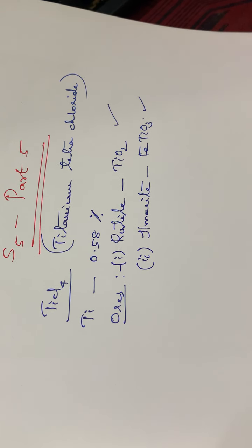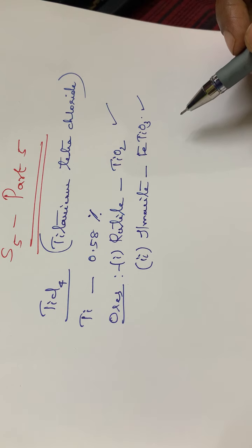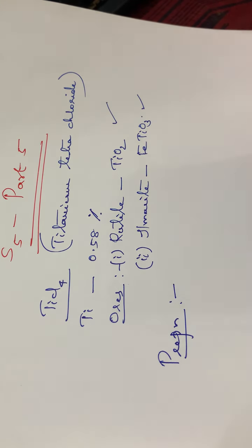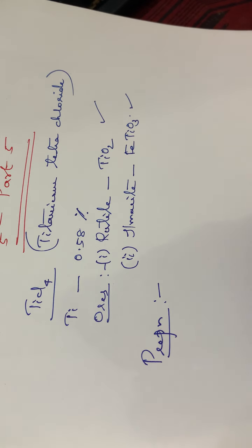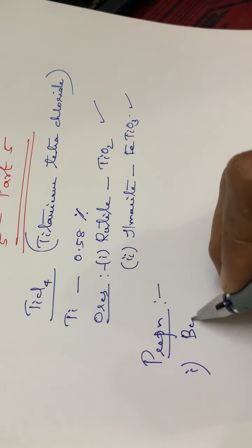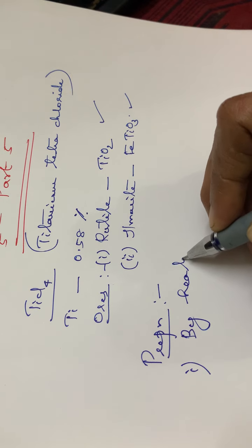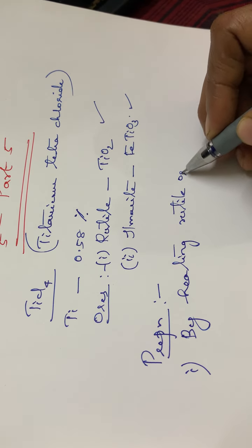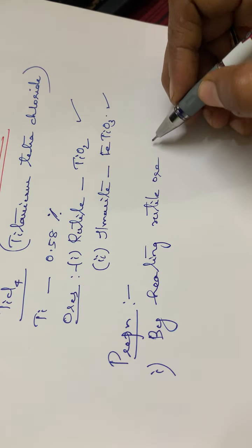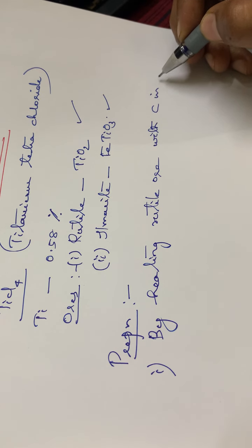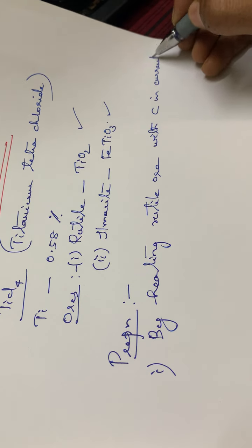First, we can see the preparation of titanium tetrachloride. The first method of preparation is by heating rutile ore with carbon in a current of chlorine.